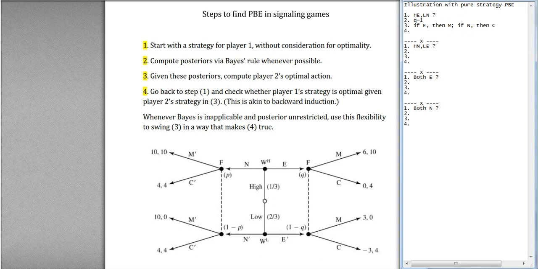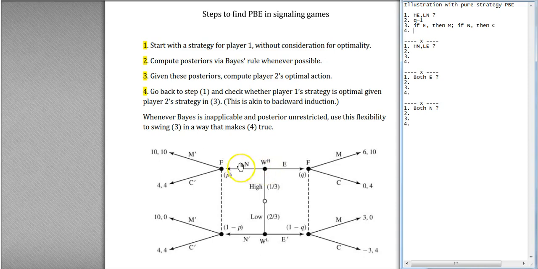All right. Now, step number 4 is to go back to step 1 and check whether player 1's strategy is optimal given the strategy in step number 3. So let's check that. We have really 2 types and both have to be optimizing. So let's say you're a high ability person.